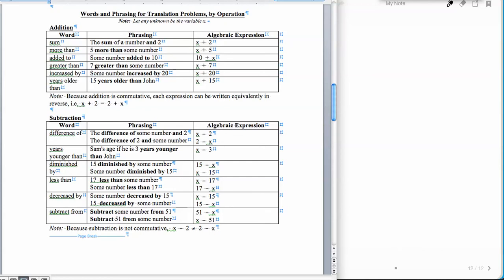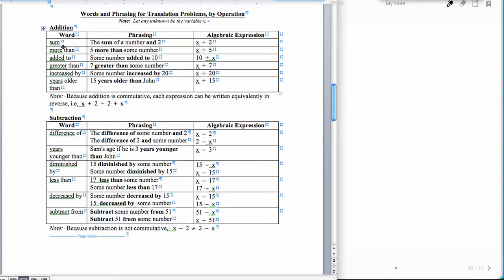So there's technically a correct way and an incorrect way to translate some of these words, but we don't necessarily always think of them in that way because addition is commutative. For instance, x plus 2 versus 2 plus x, they give you the same answer. So we don't get so particular about writing it one way or another. Now that commutative property doesn't exist for subtraction, and so we have to really watch that with subtraction, and you'll see that in a few minutes here.